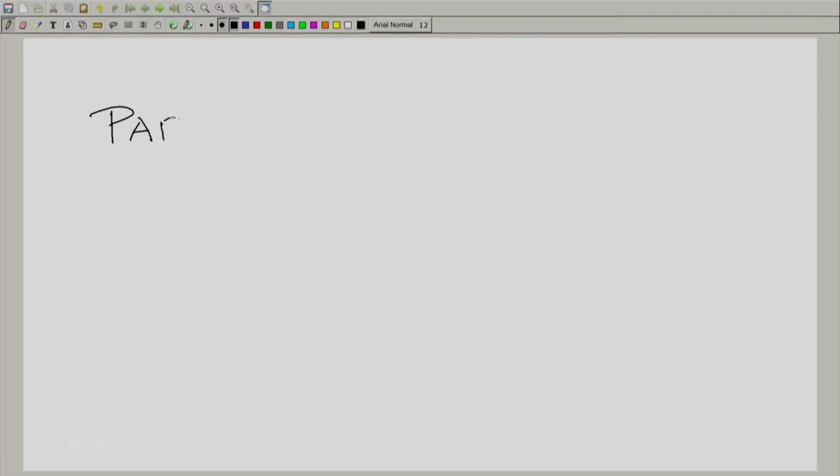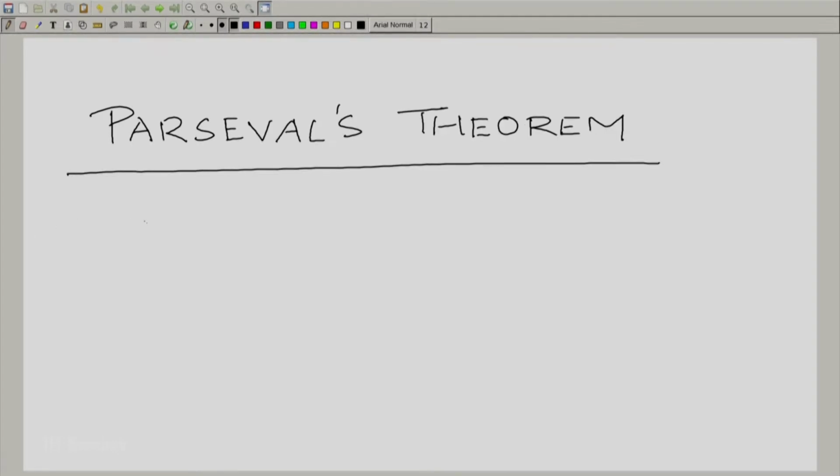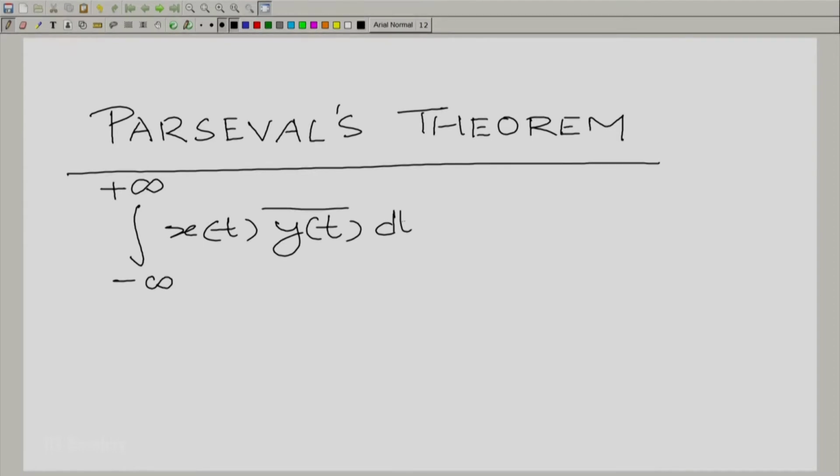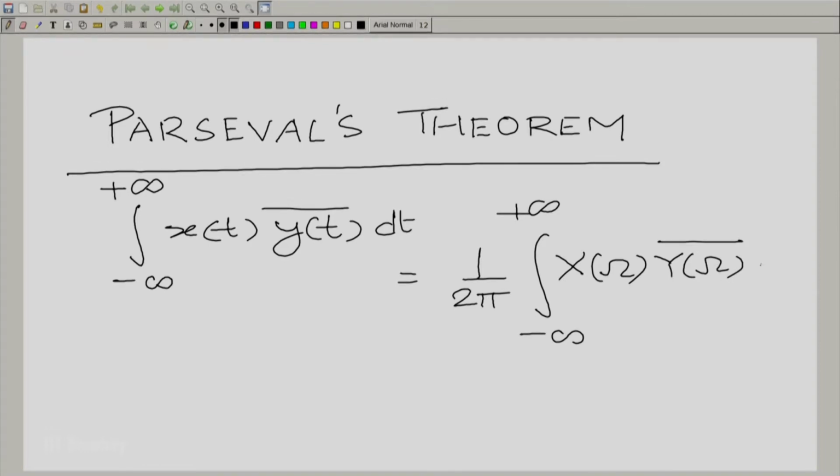So, we have talked about Parseval's theorem last time in the Fourier domain, and what it said really was that if you looked at integral minus to plus infinity x(t) y bar(t) dt, it was equal to 1 by 2 pi integral minus to plus infinity capital X(omega) capital Y bar(omega) d omega, given that x(t) and y(t) both had Fourier transforms, X(omega) and Y(omega).